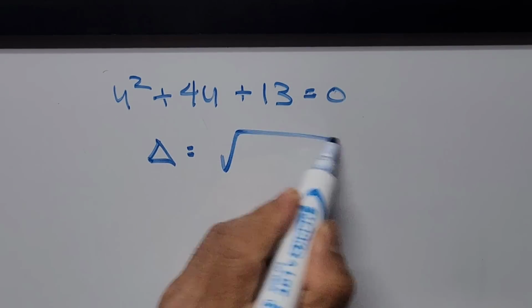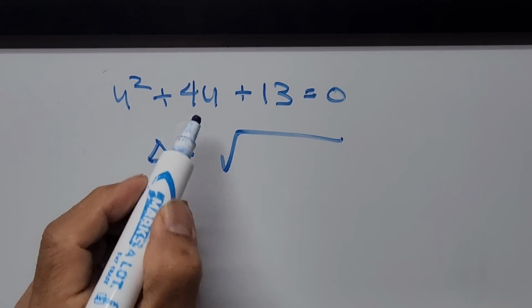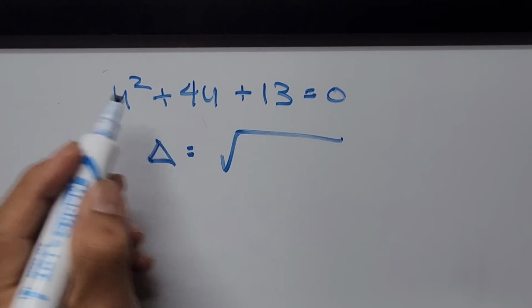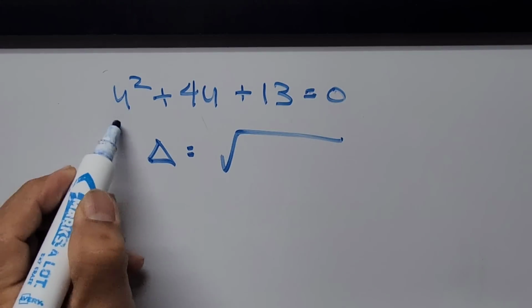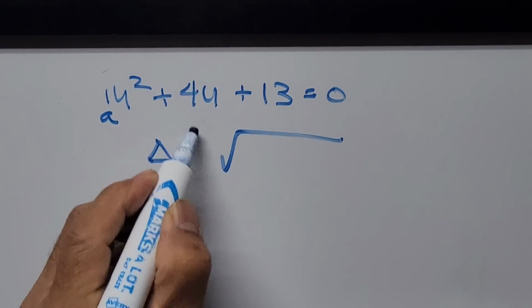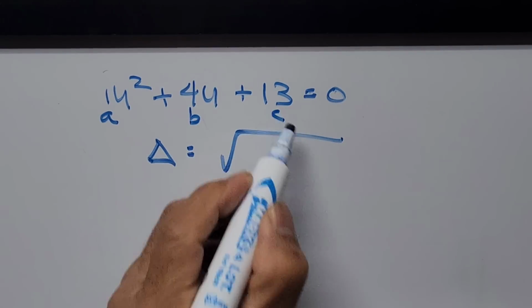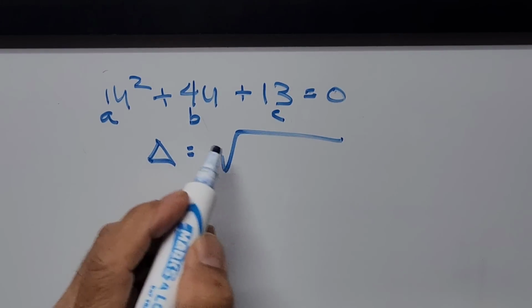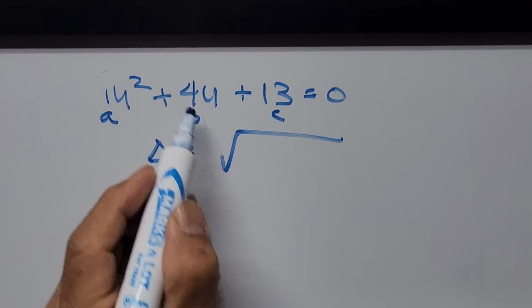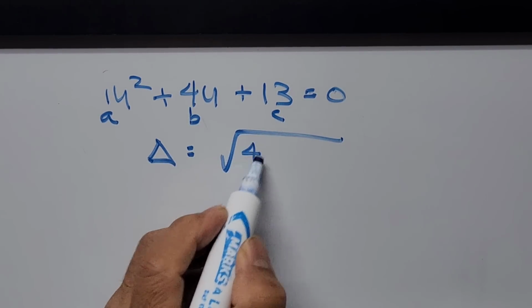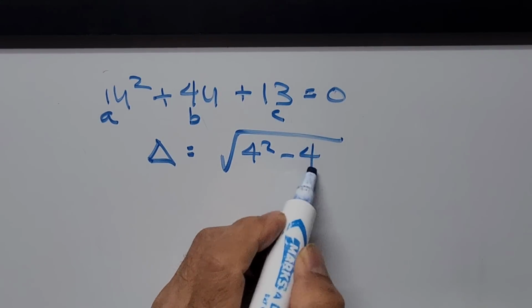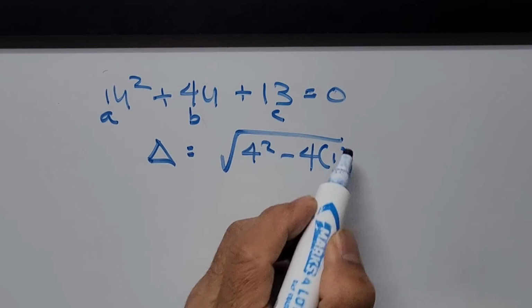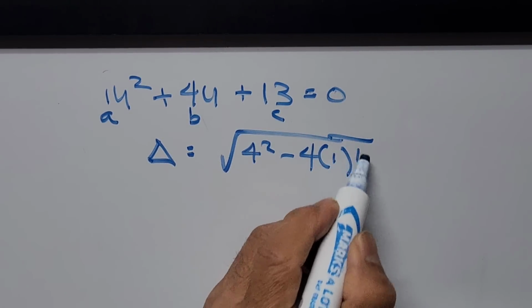So that is the square root of b squared. Since the coefficient here is 1, that's A, 4 is B, and 13 is C. So under the radical sign, that's B squared, right? So B squared is 4 squared minus 4 times A, which is 1, times C, which is 13.